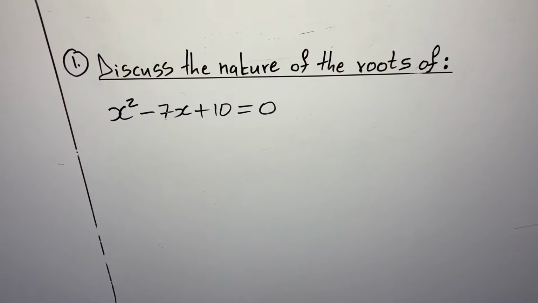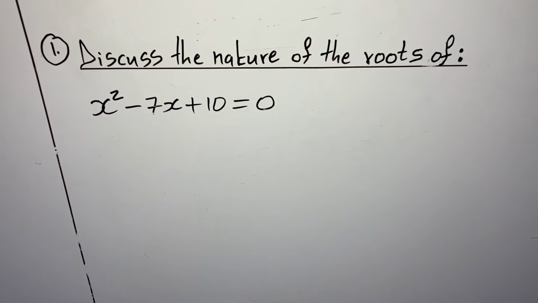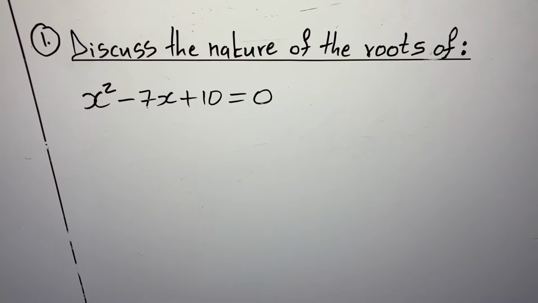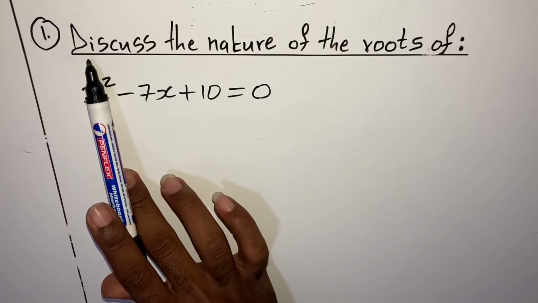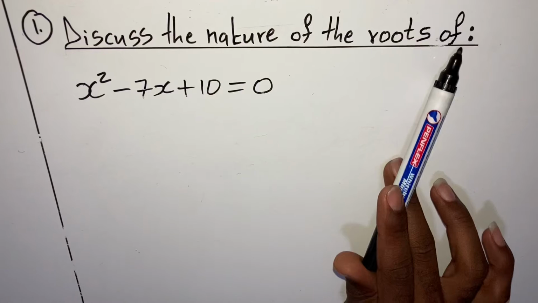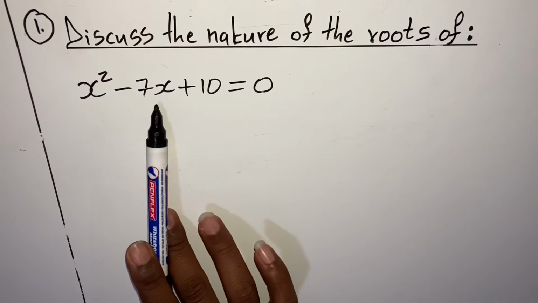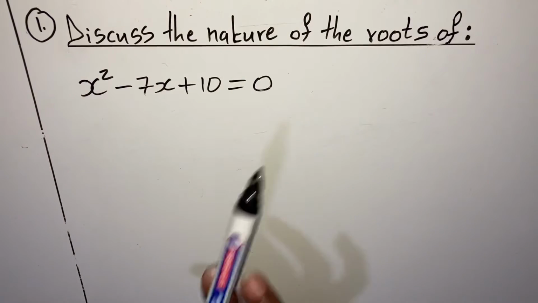We are now on our first sum under nature of roots. And the instruction is to discuss the nature of the roots of x squared minus 7x plus 10 equals 0.